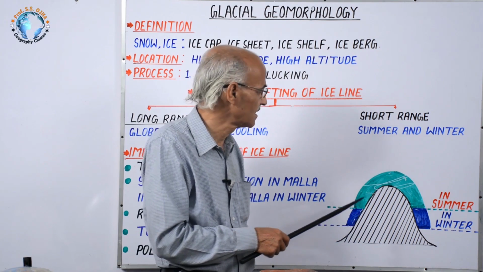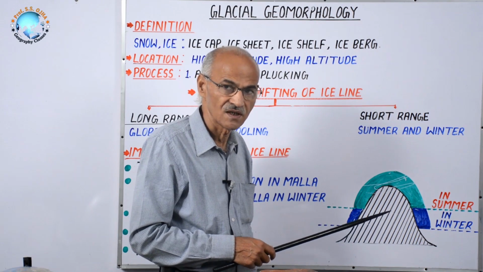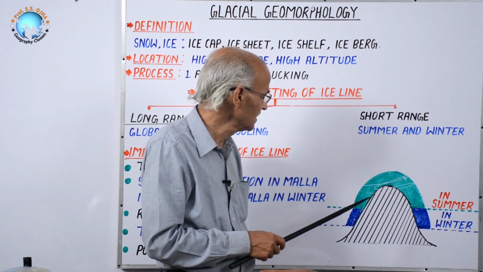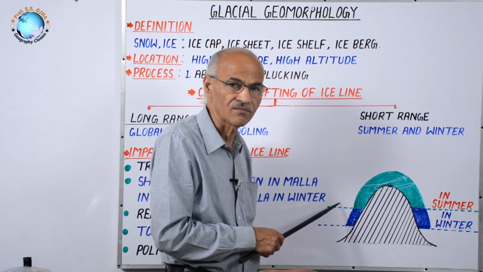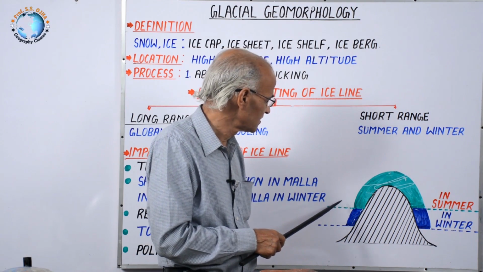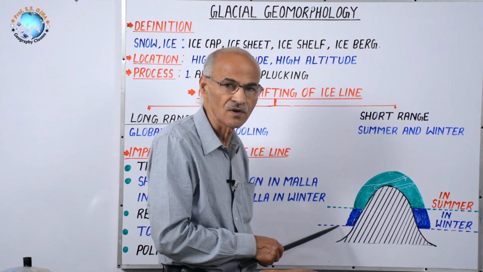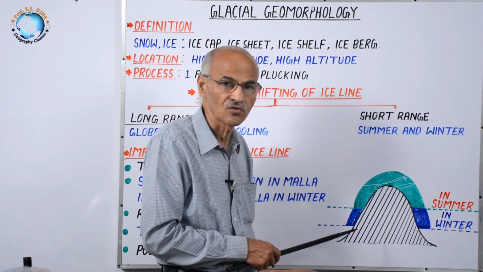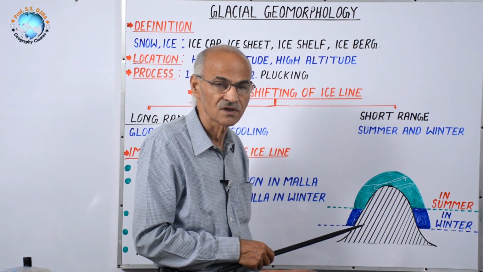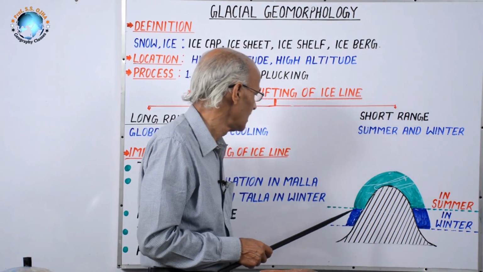Maybe it is the Great Dividing Range or Drakensberg. Because in the Southern Hemisphere, the summers are in December. So this will be December, the summer ice line. This will be June, the winter ice line. So while answering questions, you will keep these tricks in your mind.